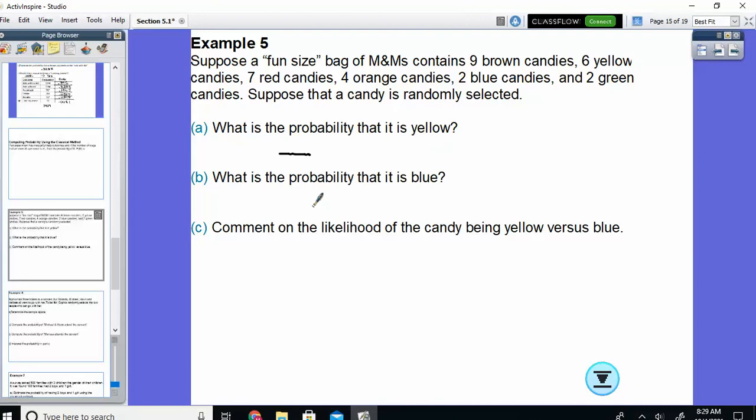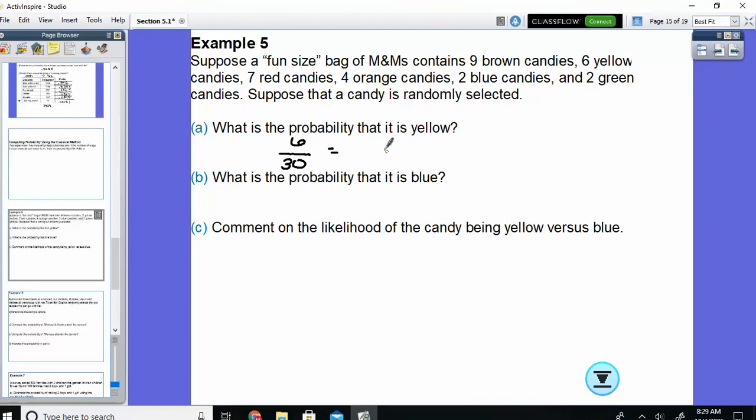Okay, so how many total pieces of candy are in my bag? 30. So the probability of getting a yellow out of that would be 0.2.